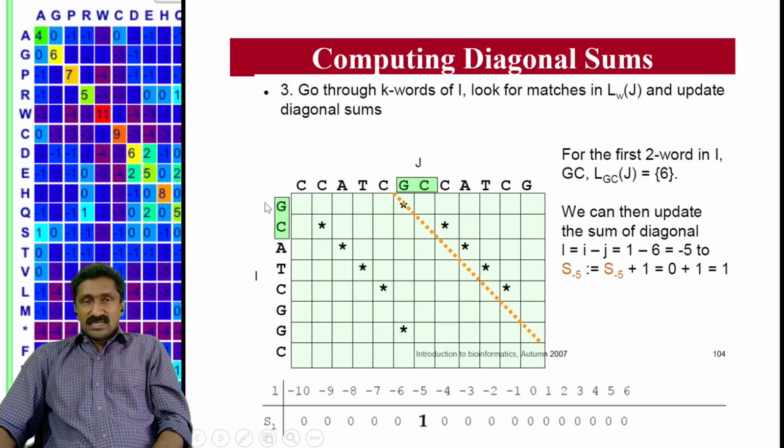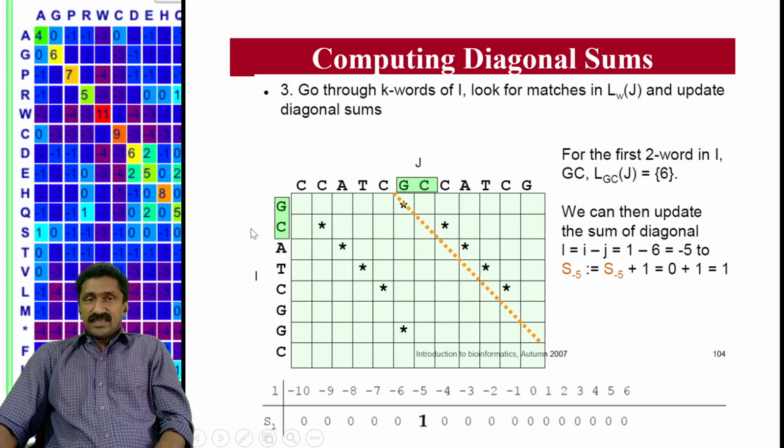So the point is, the first word in the string I, this is the sixth word in the string J. So 1 minus 6, that is minus 5, and to the minus 5 position in the string you will add 1 because there is a match.